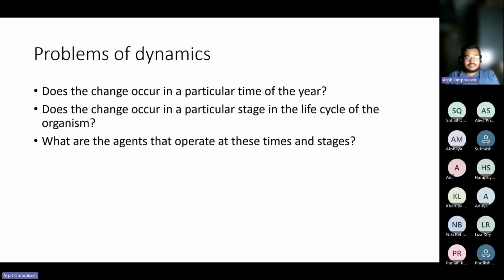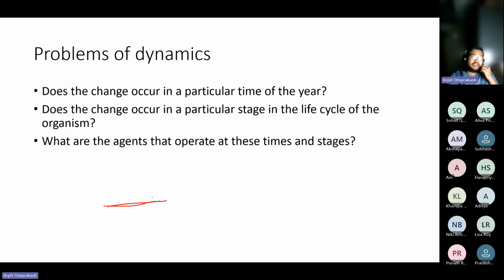And what are the agents that are operating at these times and stages? So, for example, let's say we are looking at cheetahs and we are seeing their population increasing and decreasing. We first ask, does the change occur in a particular time of the year?